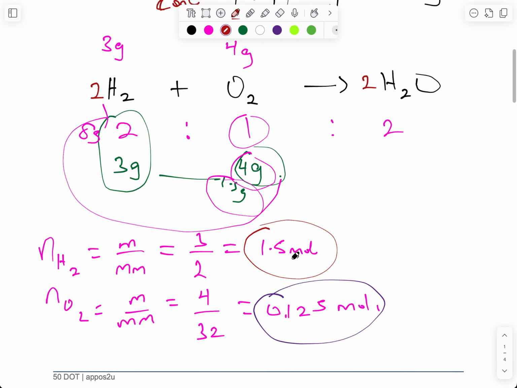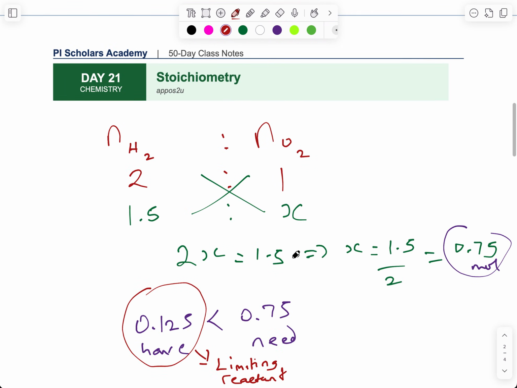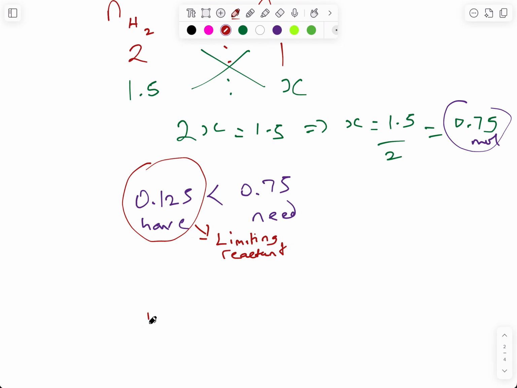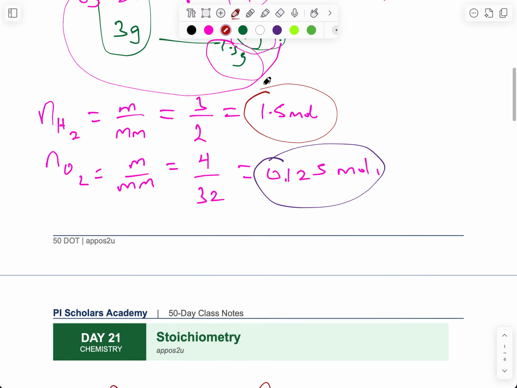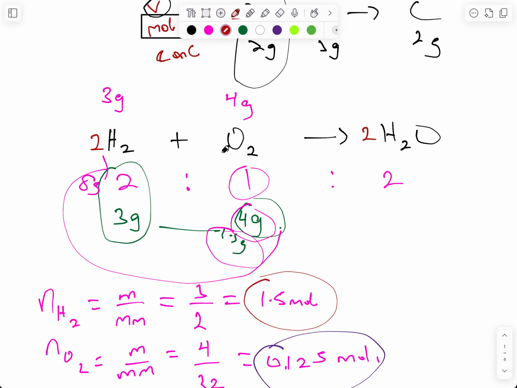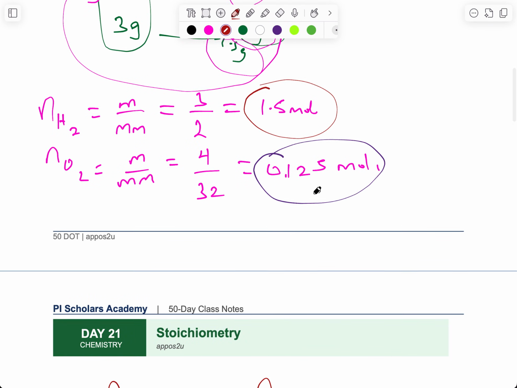So now going back, what is the mass of water that is given in that place? All I have to do is to do comparison again. Mole ratio, so number of moles of oxygen gas ratio number of moles of water formed, it is 1:2 from the equation. What's the number of moles of oxygen gas that I have? 0.125.